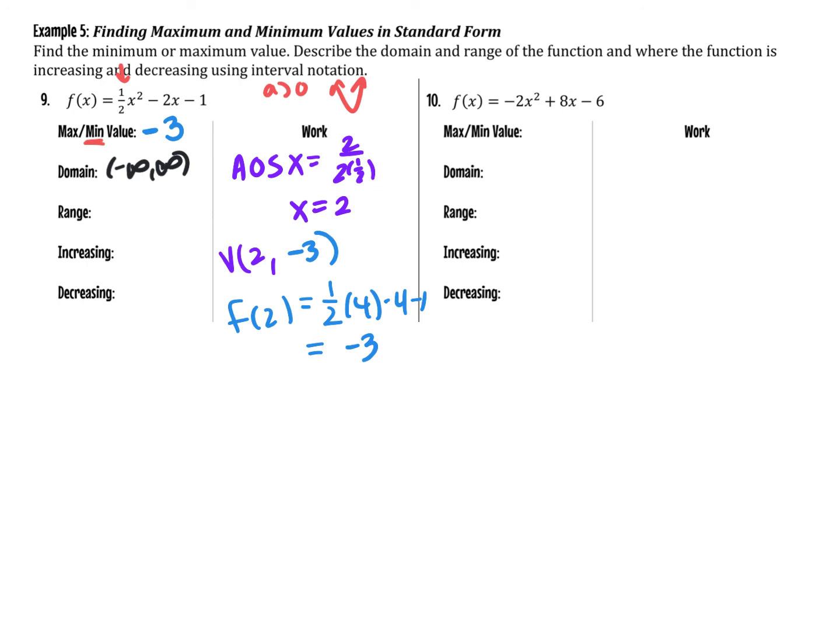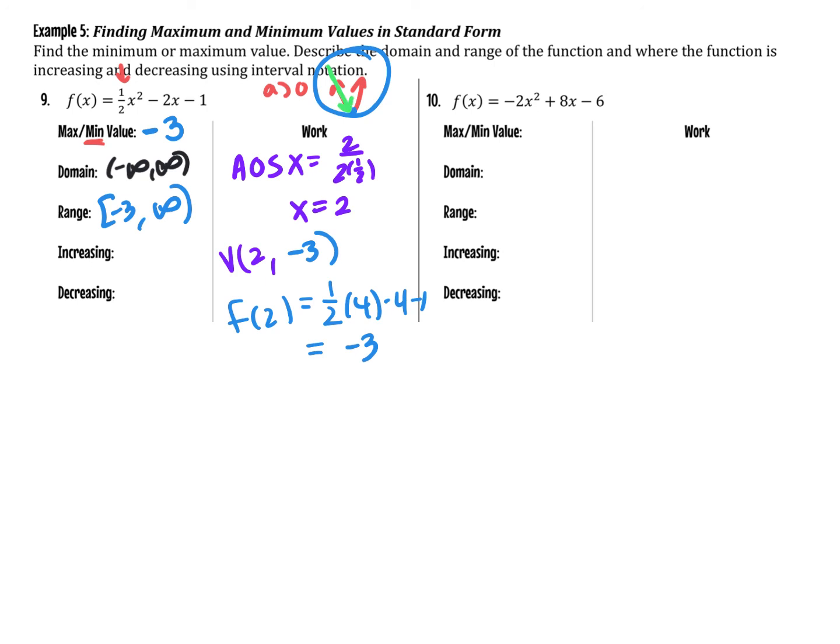Our range, looking at the fact that we said it opens upward, is going to go from that lowest value, -3, up to infinity, because it's the lowest value and then up forever. Also looking at that shape now, if we want to talk about where it's increasing or decreasing, I'm starting by decreasing.